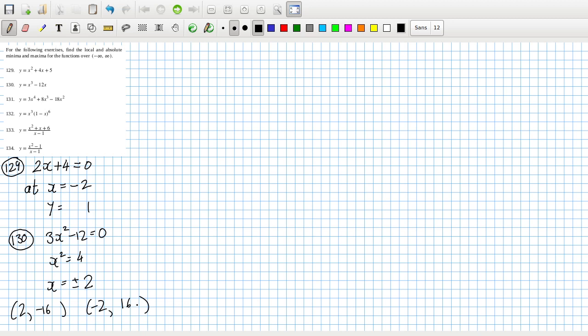But are these just local? Oh, they say find the local and absolute. Why did I miss that? Come on, Stephen, focus now. Find the local and absolute. Okay, so this one here is global min. This can only be local. And we can calculate the second derivative, which would be 6x. So the positive is the minimum one.